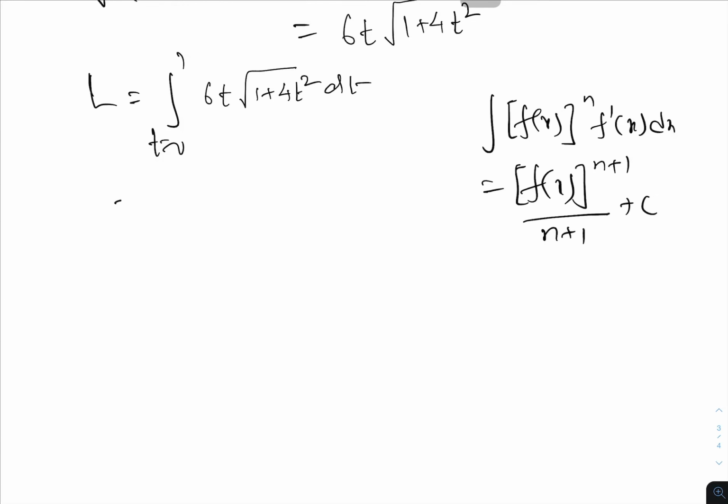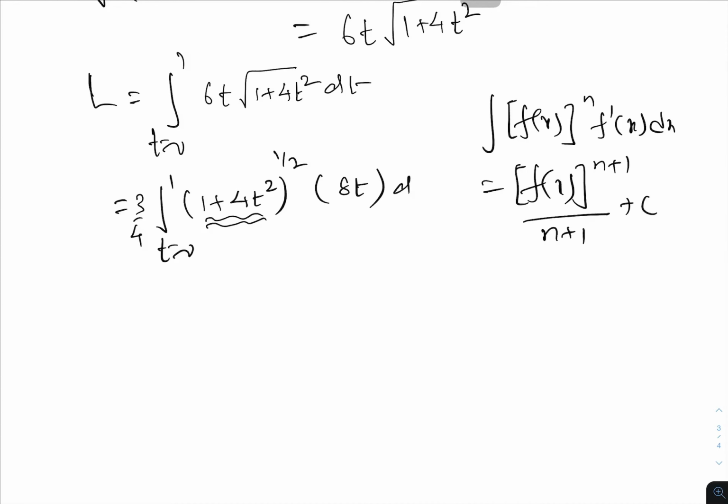So you can write like this, 3 by 4 times the integral from 0 to 1 of (1 plus 4t squared) to the power 1 by 2 times 8t, and we have divided by 4, so it's okay.